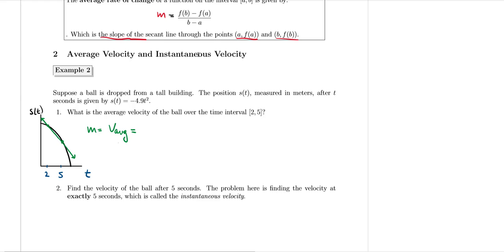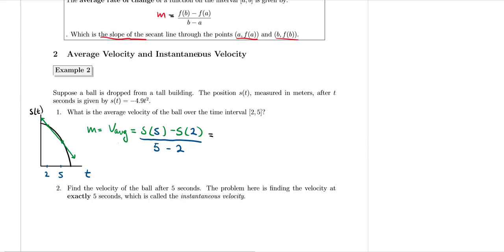That's going to be s of time 2 minus s of time 1, so it's s(5) minus s(2), all over the change in time, which is 5 seconds minus 2 seconds.